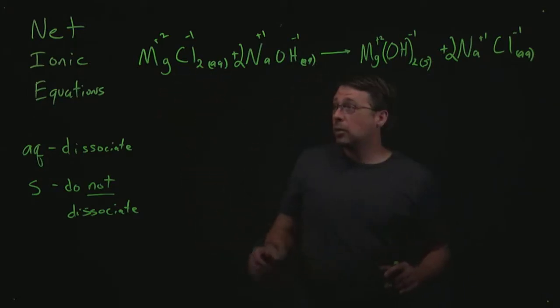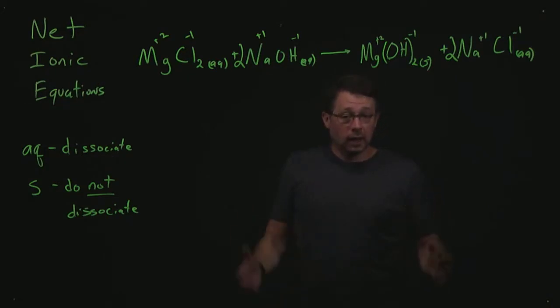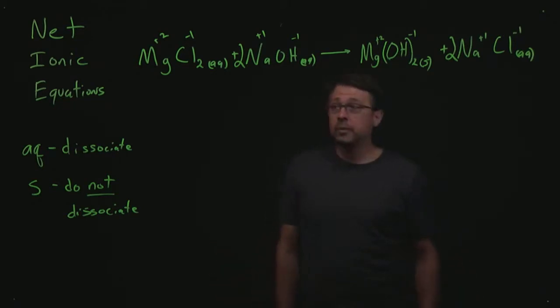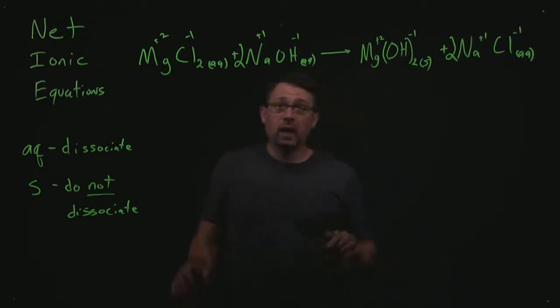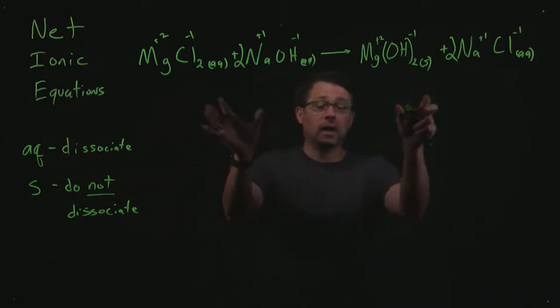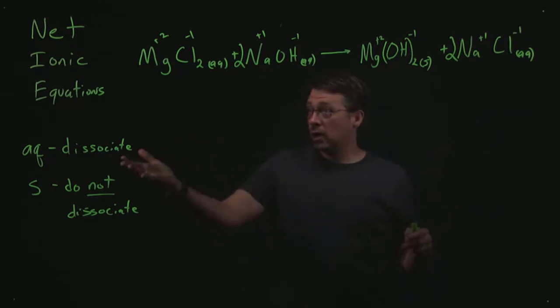And that gets to what we're trying to accomplish, is talk about net ionic equations. And net ionic equations basically tell us what chemical reaction is taking place in this test tube. So the way we get to that is we use this idea of dissociation, and we dissociate the ions, or break apart the ions that are soluble in water, or aqueous.